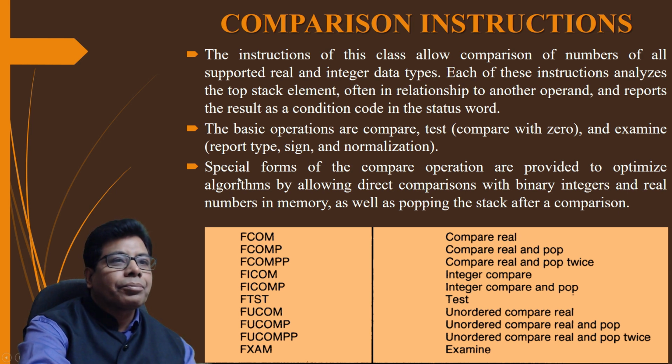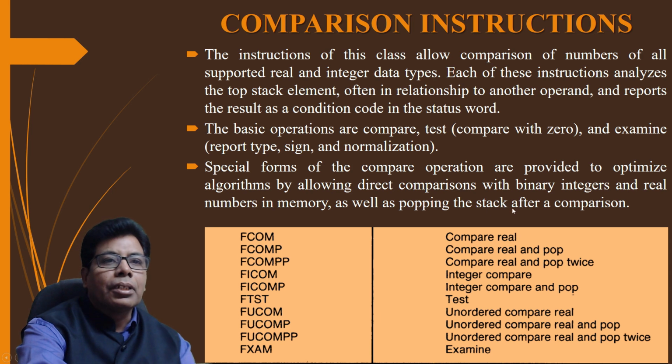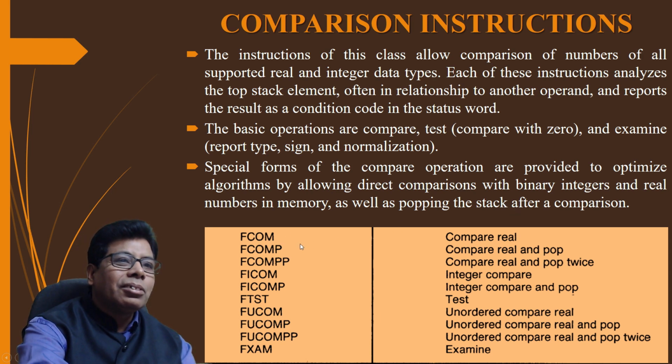Then special forms of comparison operations are provided to optimize the algorithm by allowing direct comparison with binary integers and real numbers in memory. So that is also possible, as well as popping the stack after comparison. So we can take out the stack and store it in memory after comparison. So these are the instructions: FCOM, compare real; FCOMP, compare real and pop; and FCOMPP, compare real and twice pop.